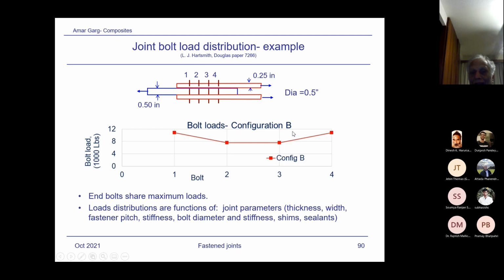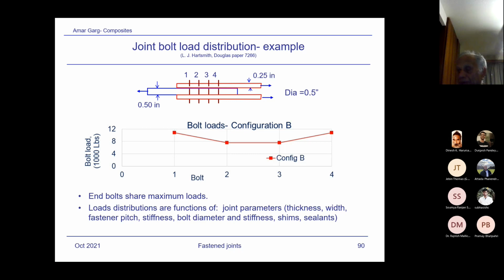And that is why one has to be careful when designing composite joints: you cannot assume that each fastener is sharing the same load. It is very risky, because you would have calculated the margin to be positive, whereas in real sense the margin will be negative and the failure might occur.